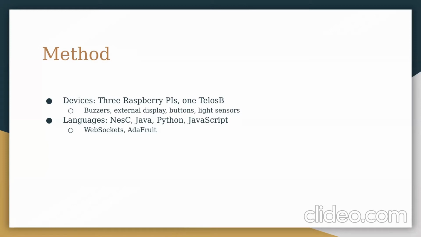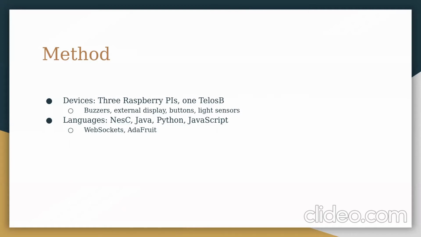There's also buttons on it. And then I used the Raspberry Pis mainly for the external displays, the buzzers, and also a very important component is the wireless communication between them, because the Telos B only communicates through a serial port, but the Pis enable me to get data almost as a phone would get data wirelessly.